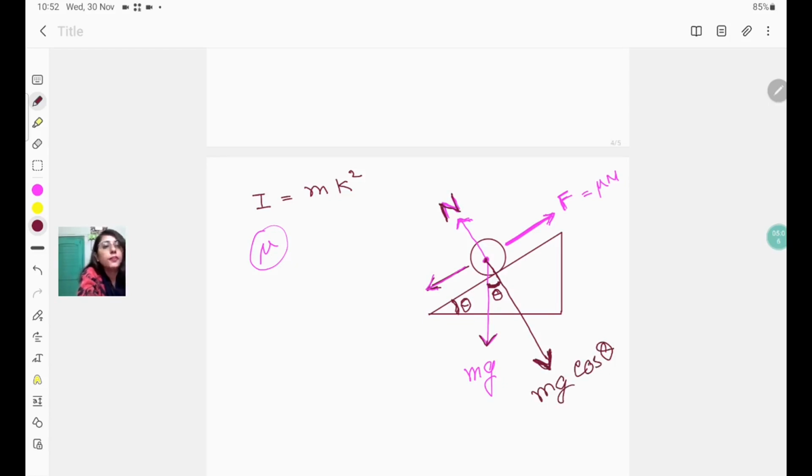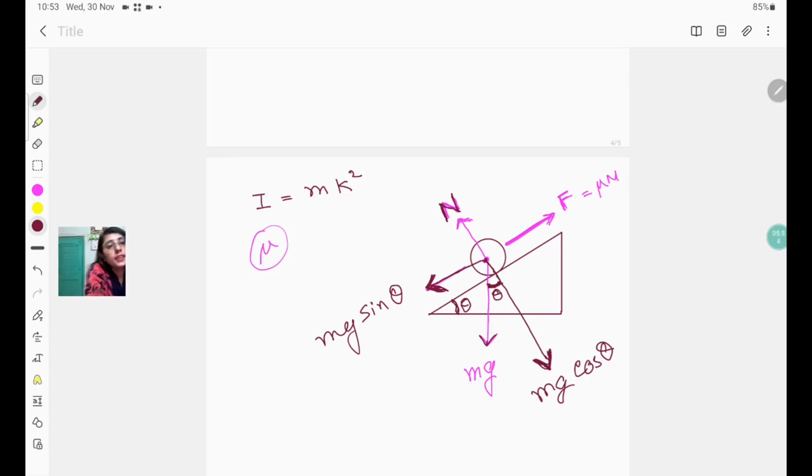And the component along the direction in which the body is rolling down will be mg sin theta, right? Because this angle is theta, then this angle will be 90 minus theta, and so the component along this direction will be mg sin theta.